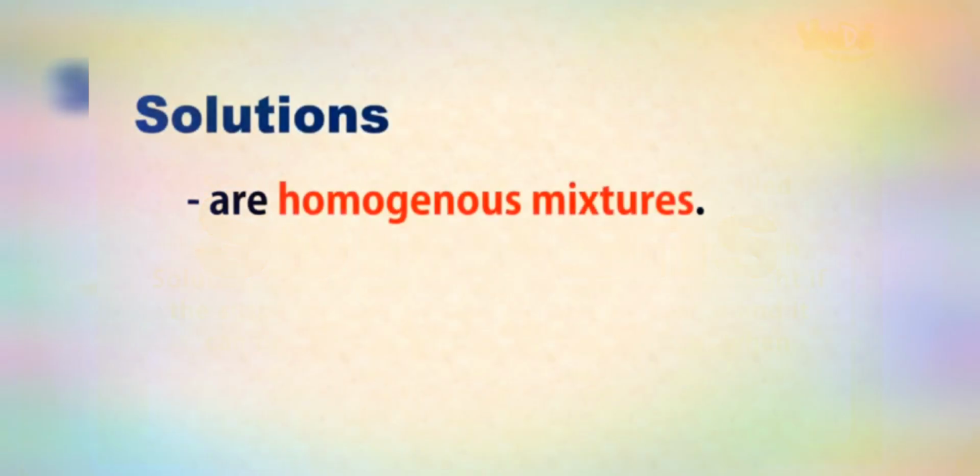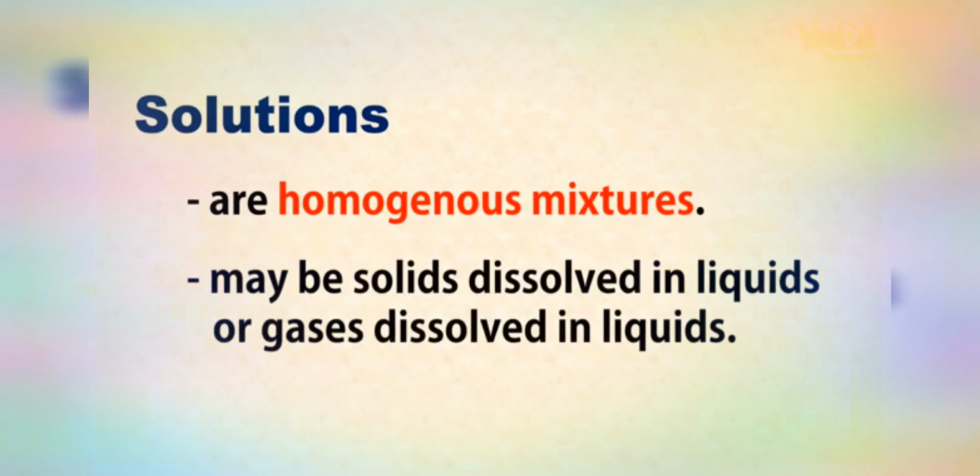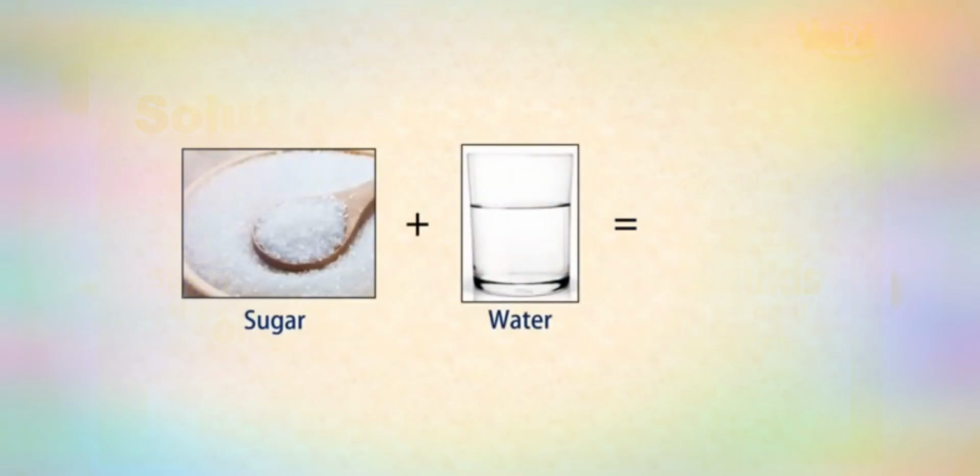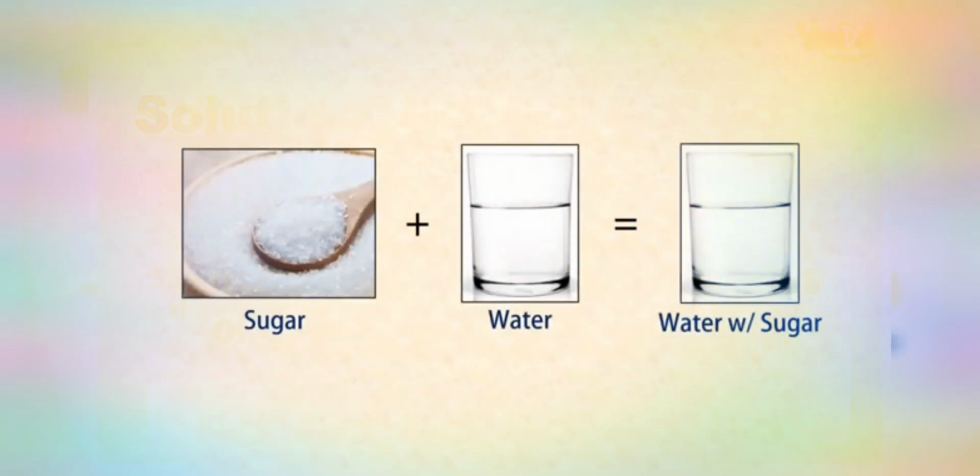Solutions are homogeneous mixtures. Solutions may be solids dissolved in liquids or gases dissolved in liquids. The example of a solid dissolved in a liquid is sugar mixed with water, which produces a sugar solution.